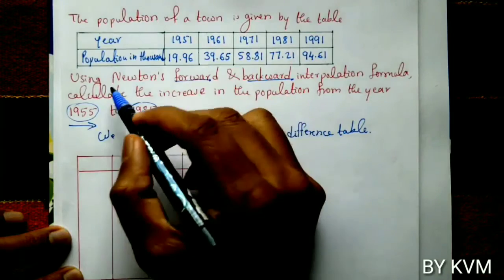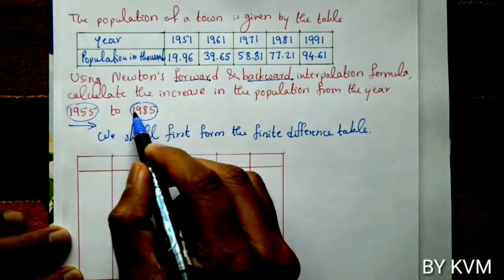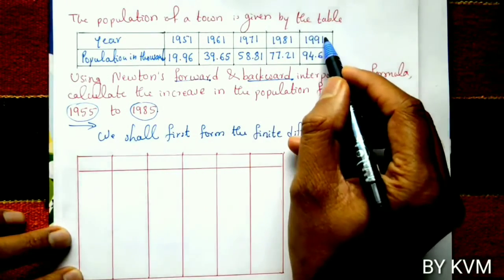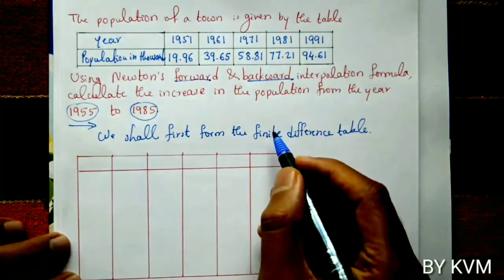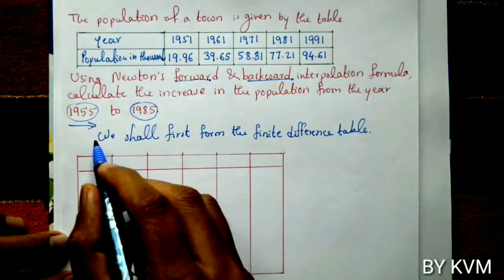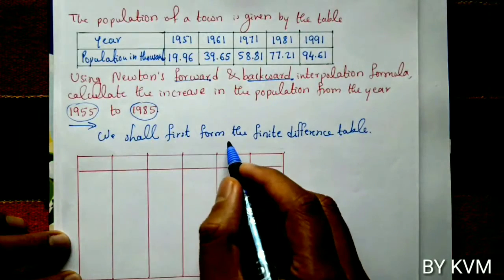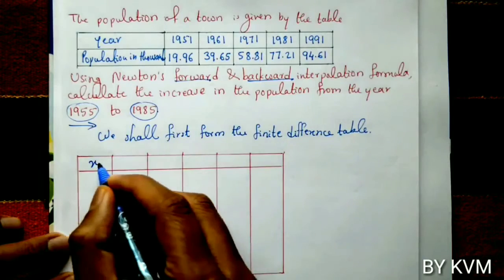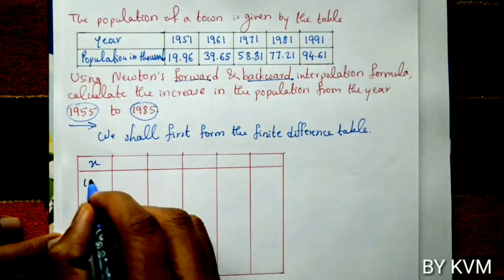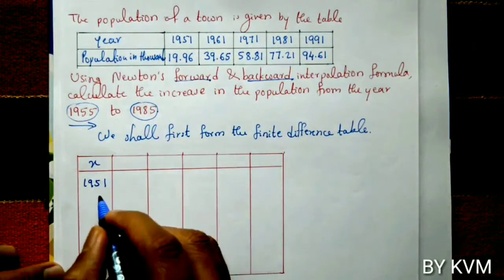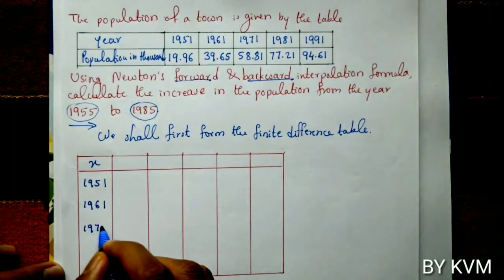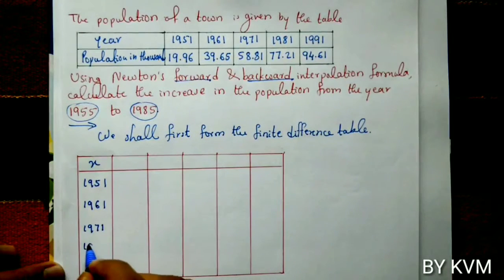Here you have to observe that 1955 is closer to the first value of x, that is 1951, so we have to use Newton's forward interpolation formula. 1985 is closer to the end point, that is the last value of x, 1991, so we have to use Newton's backward interpolation formula. I am repeating again: 1955 is closer to 1951, so use Newton's forward formula; 1985 is closer to 1991, the last value of x, so use Newton's backward interpolation formula.